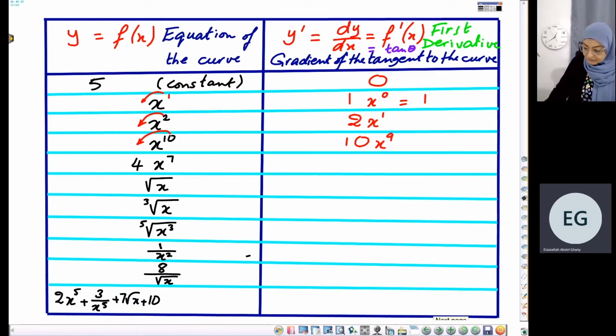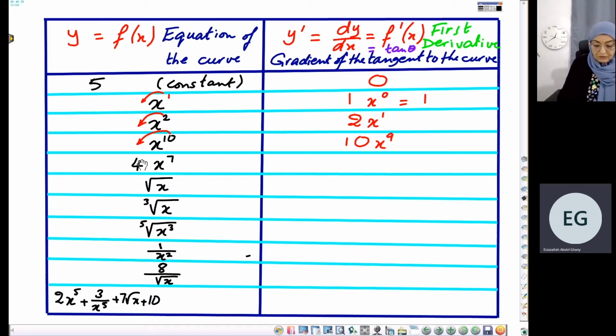As I wrote here in the table, we can name it the first derivative, we can name it differentiation, we can name it the first differential, we can name it tan theta, which is the gradient of the tangent to the curve. Let's go to the rule: power goes down, decreases by 1. What about this power of 7?